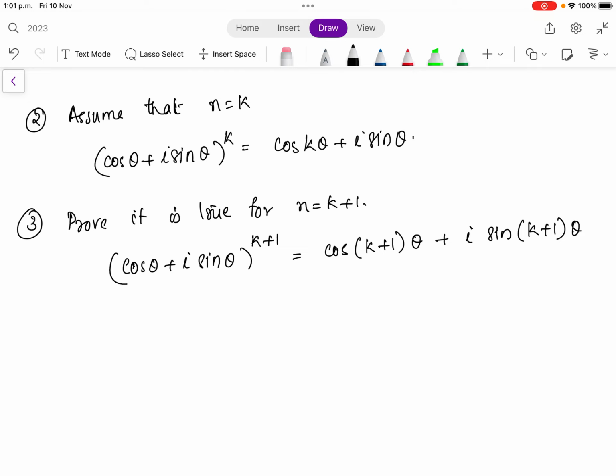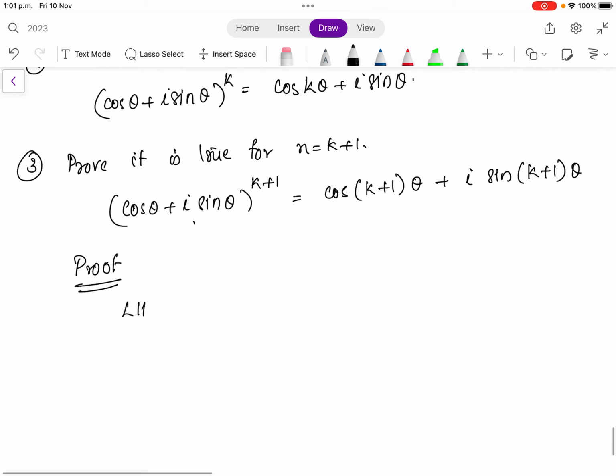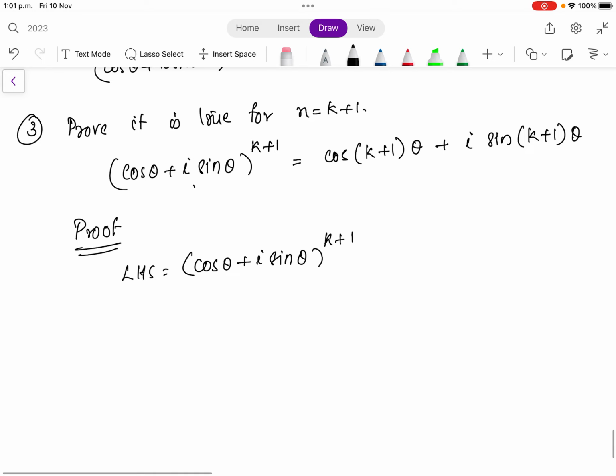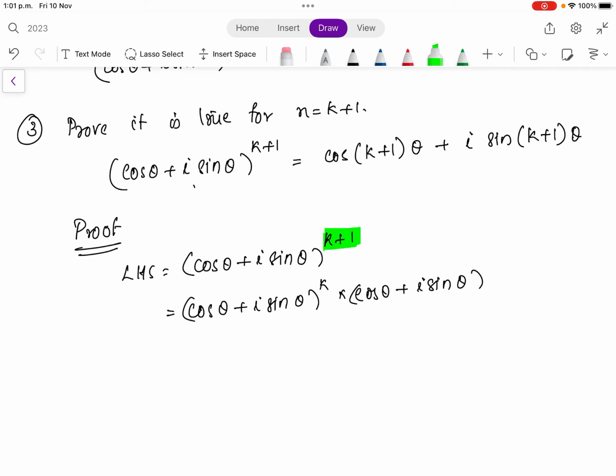This is what I have to prove. Okay, now the proof. I'm going to take the left hand side. So left hand side is equal to (cos theta plus i sin theta) to the power of k plus 1, and that can be simplified as (cos theta plus i sin theta) to the power of k times (cos theta plus i sin theta). I'm just splitting this apart.